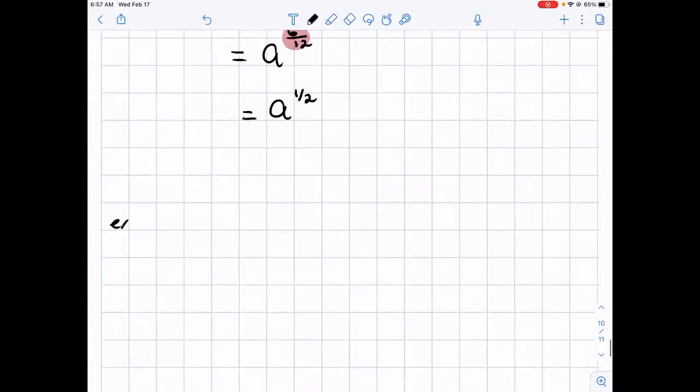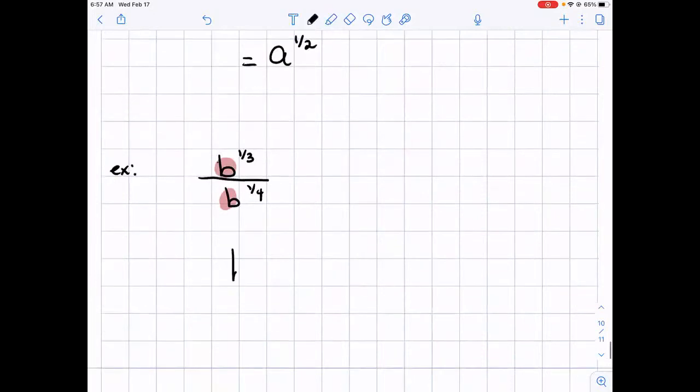When we divide, if we have b to the 1/3 divided by b to the 1/4, the bases are the same. When the bases are the same, we keep the base and we subtract the exponents, 1/3 minus 1/4.